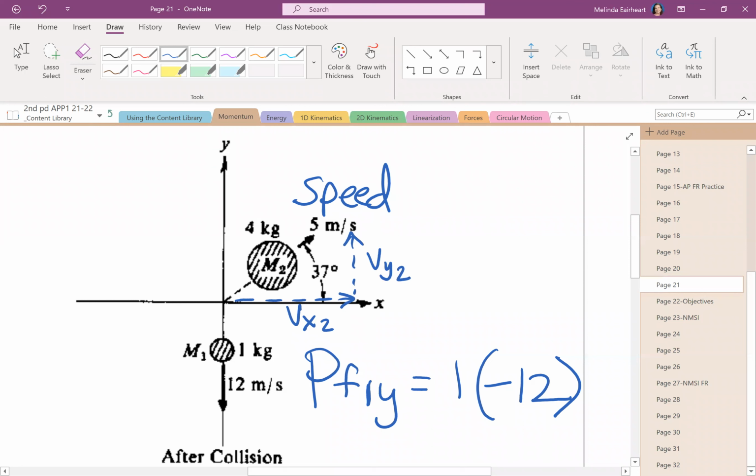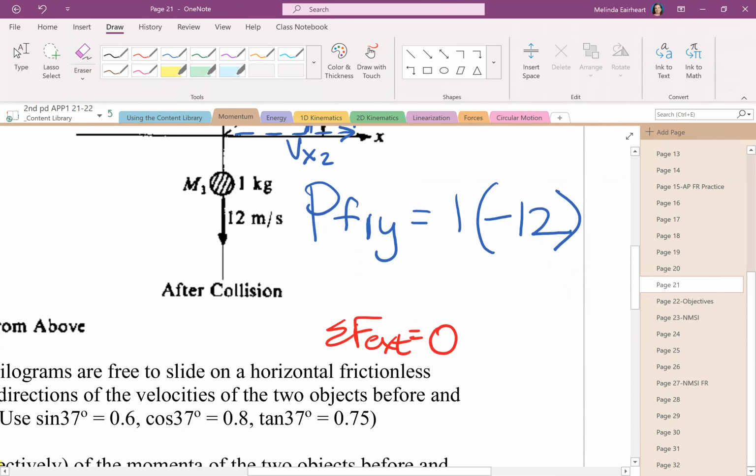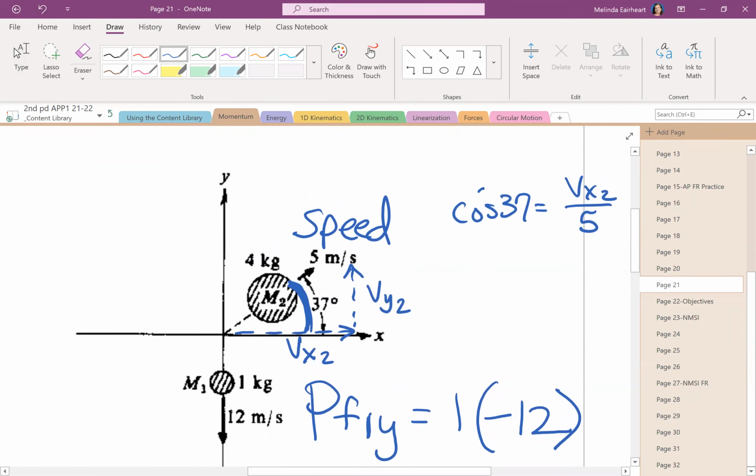So for the x one, you can see they show the 37 degrees is adjacent to the x component, traditional, if you will. And so we'll use cosine 37 to find Vx for the second object, divided by the hypotenuse of 5. And so grab a calculator, or maybe you look down below, cosine 37, a convenient 0.8.